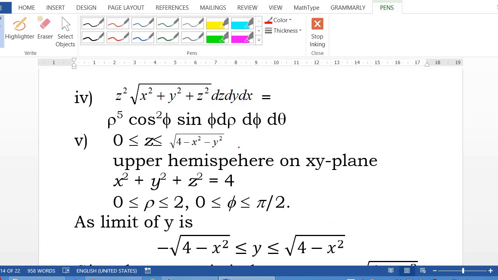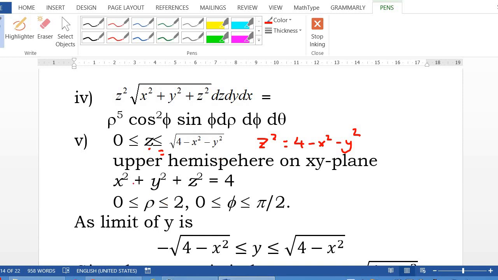From the upper limit of z, when you square it, from less than or equal, make it equal, z squared equals 4 minus x squared minus y squared, or x squared plus y squared plus z squared equals 4. The equation z equals square root of 4 minus x squared minus y squared is actually the upper hemisphere.